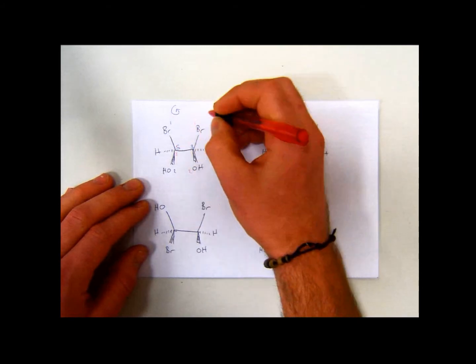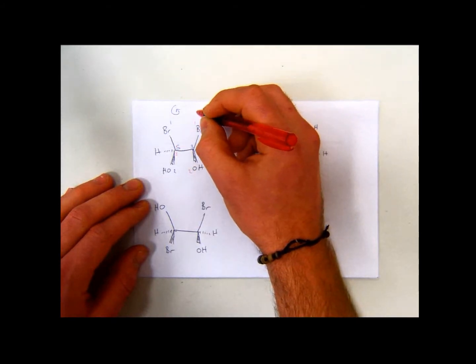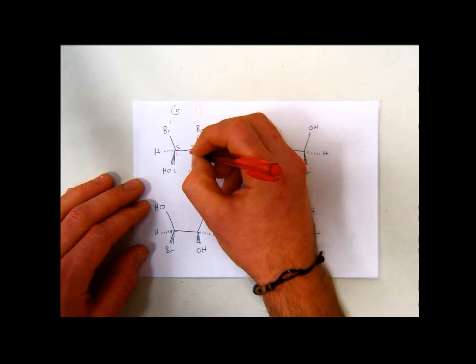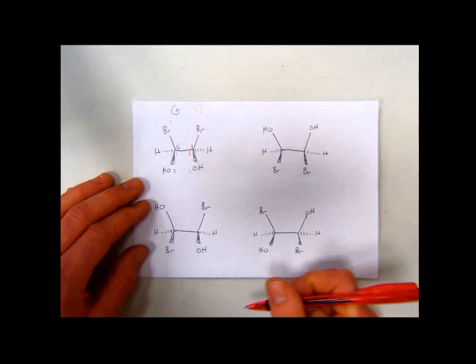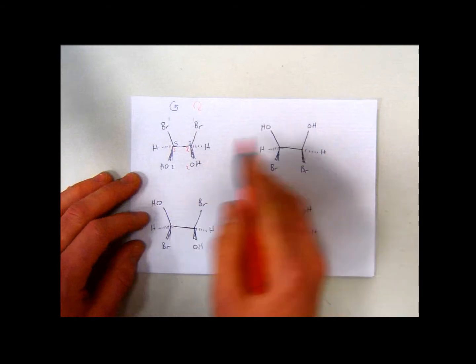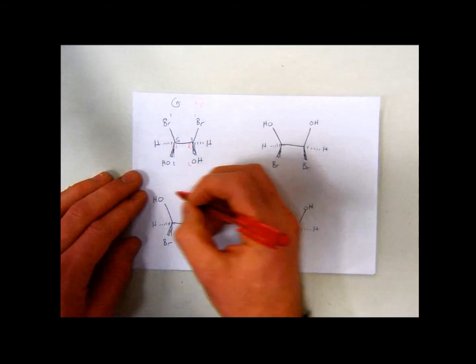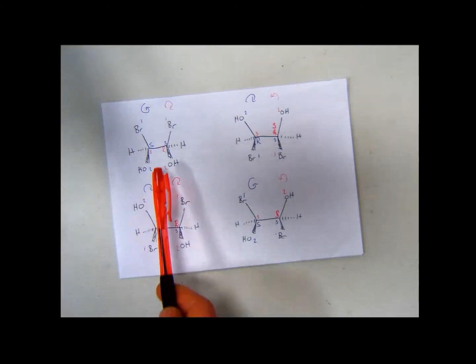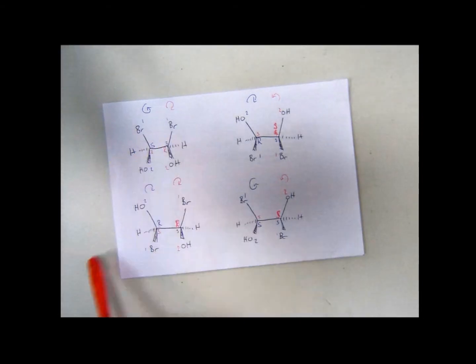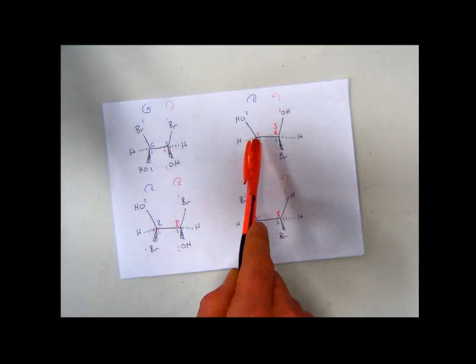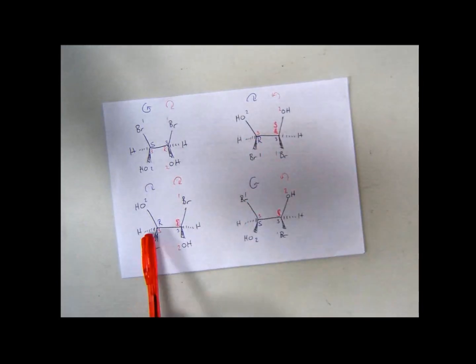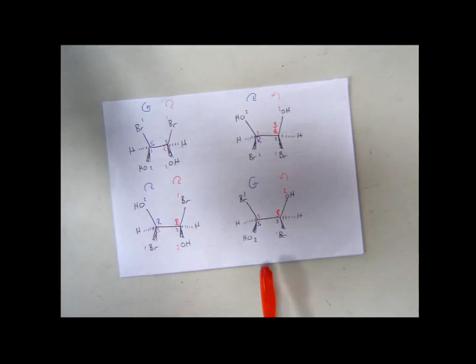So you can see this one is R. I'll go ahead and do the rest of these quickly. Okay, as you can see, we have a molecule S and R, a molecule with R and S, a molecule with two R's, and a molecule with two S's.